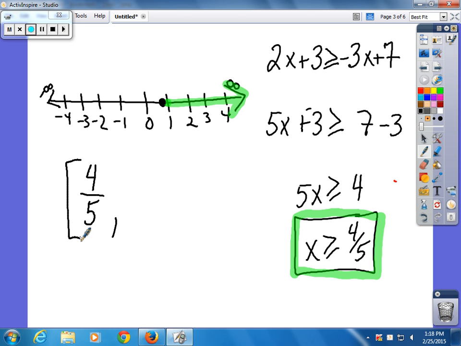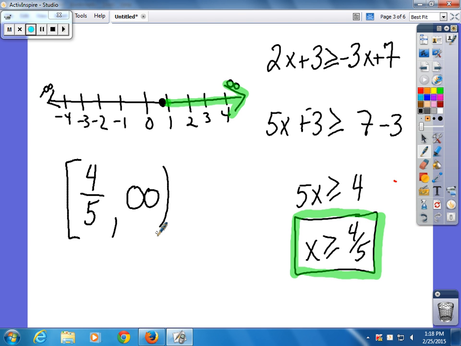Bracket. And we keep going, touching the solution set, to positive infinity, and what goes on infinity?